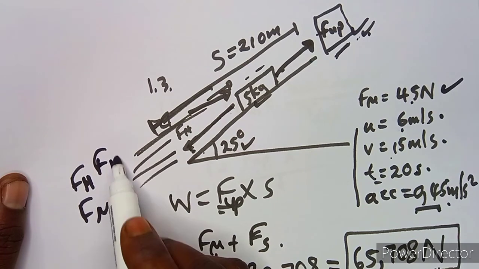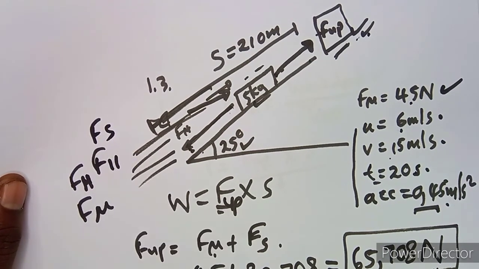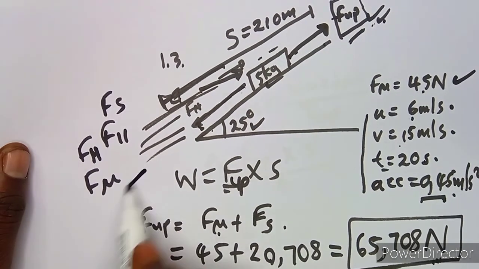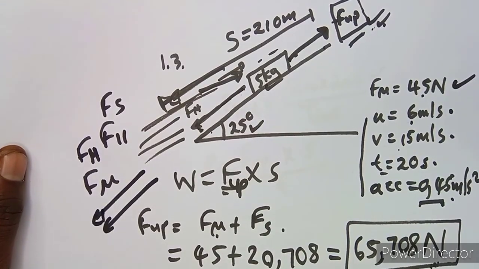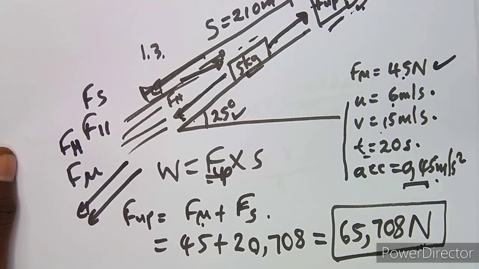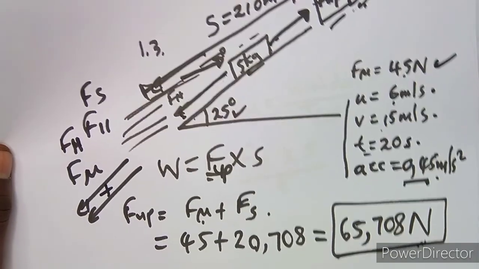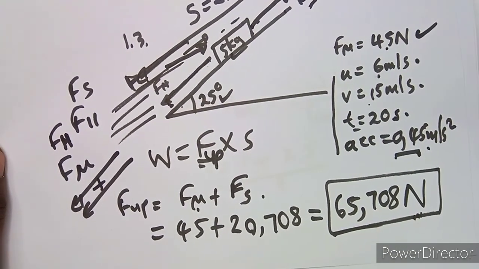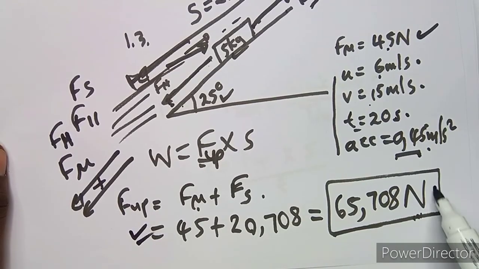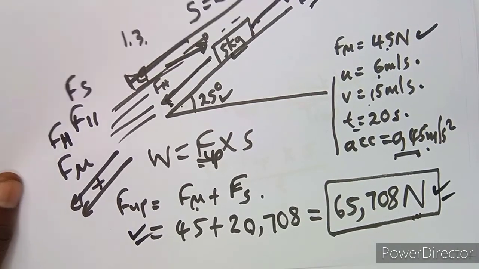They are facing the same direction, and that's why we have to add them. Anyway, this is our F up, which is 65,708.